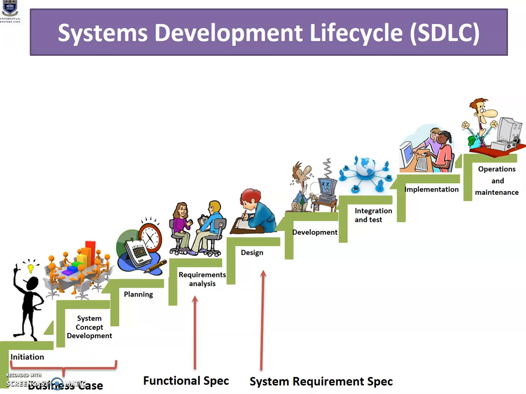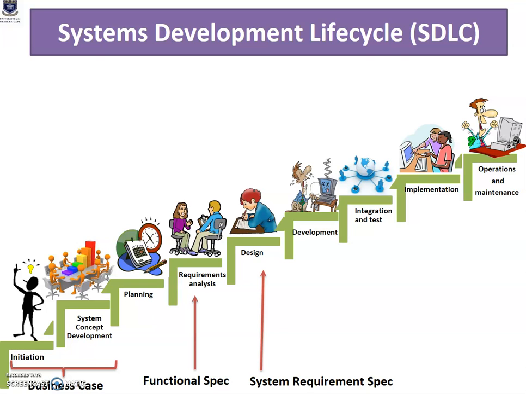Then we move to the implementation phase, which includes the implementation of the system into a production environment. Once we have it in a production environment, we move on to operation and maintenance, where, as it says, we do operational and maintenance support.